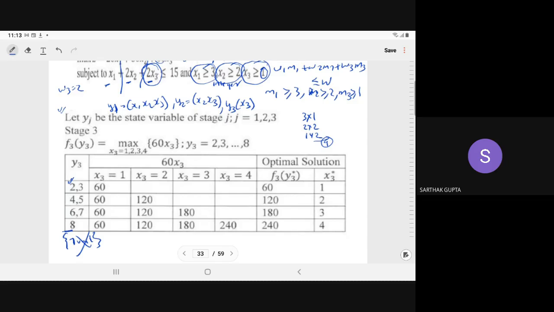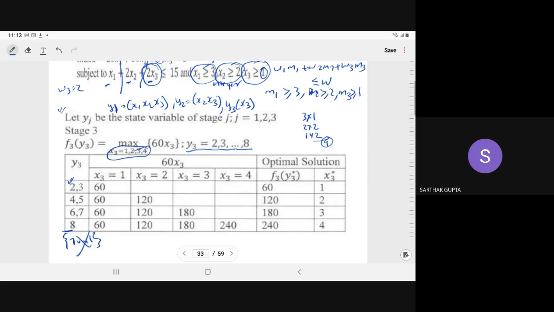So here now x3. Here we have written y3 as 2, 3, 4, 5, 6, 7, 8. And now we are talking about x3. What are the alternatives? Alternatives means if we have the space of 2, 3, then we have the alternative of 1 only.